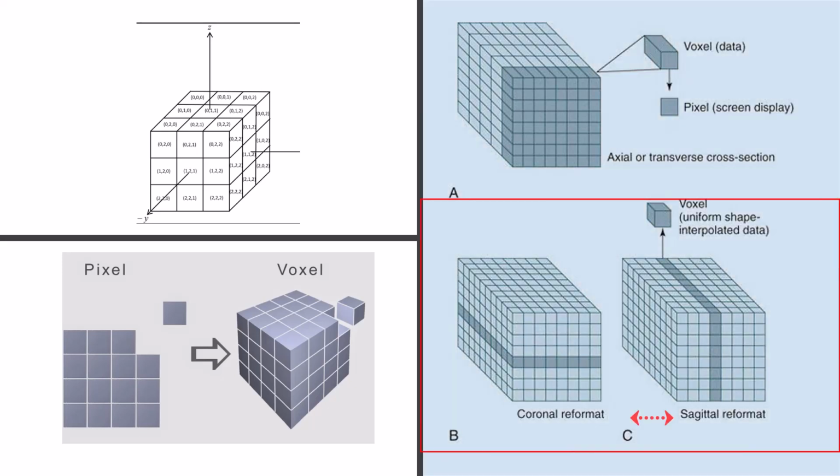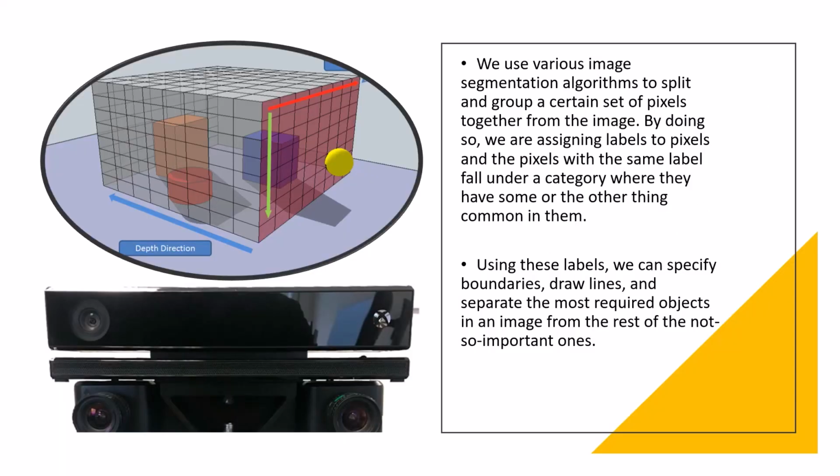This image demonstrates how a voxel is broken down into pixels and the pixels are arranged. You'll notice it corresponds with the axial, sagittal, and coronal reformatting process because it is a three-dimension or a voxel. We use various image segmentation algorithms to split and group a certain set of pixels together to form an image.